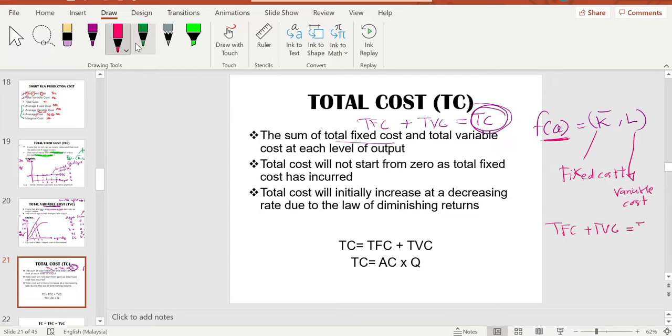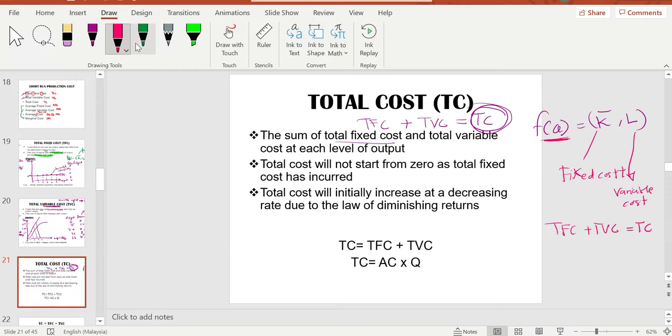You akan dapat nilai TC. As simple as that. So saya tak faham bila student kata it's too much, madam, I cannot memorize the formula. You don't need to memorize the formula, you just need to understand them. Automatically the formula will come to you. Are you okay? You will be fine, no worries.